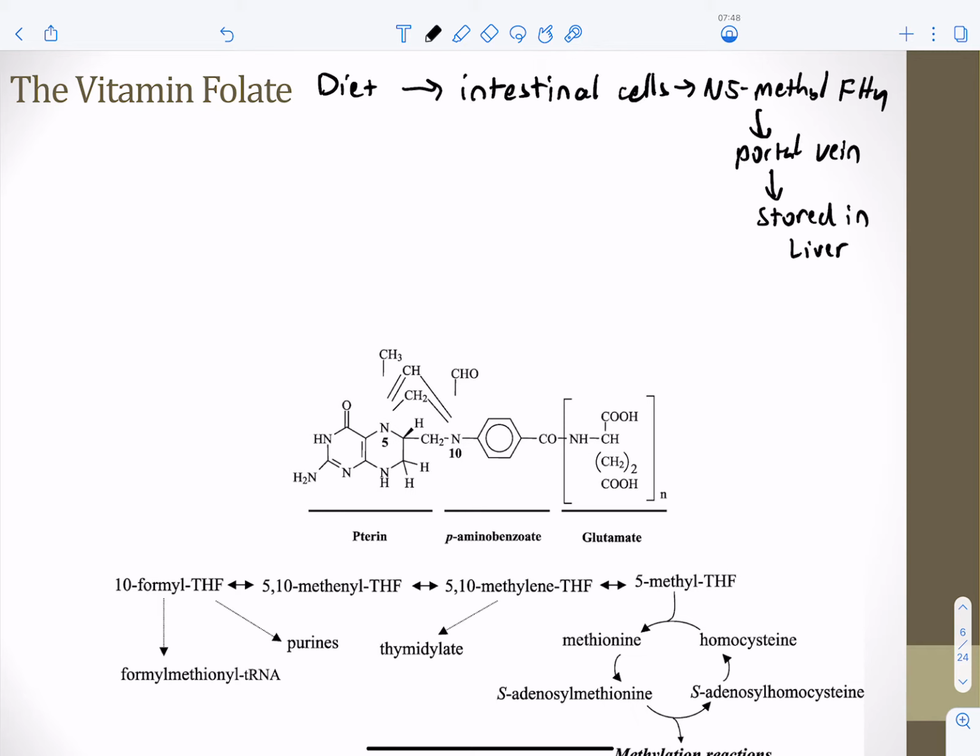Within the liver, tetrahydrofolate gets reconjugated to the polyglutamate form. A large portion of folate will then go into the bile and then gets reabsorbed.